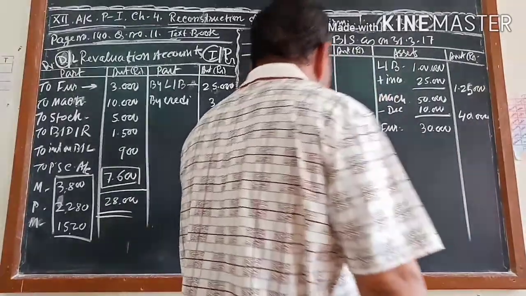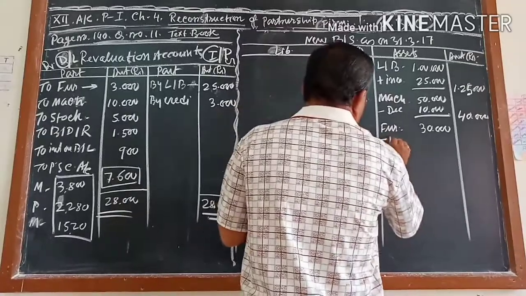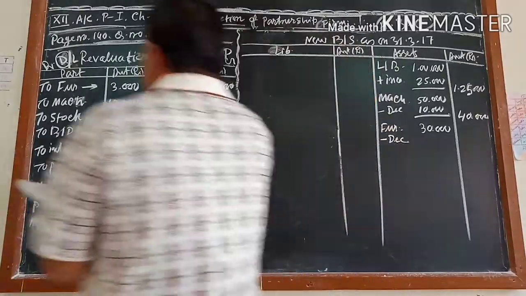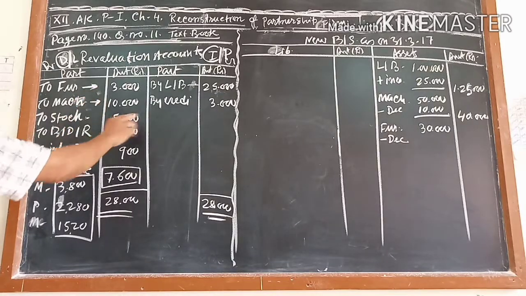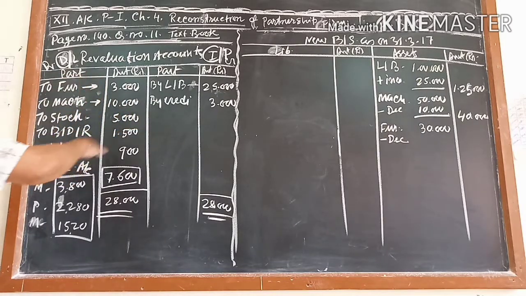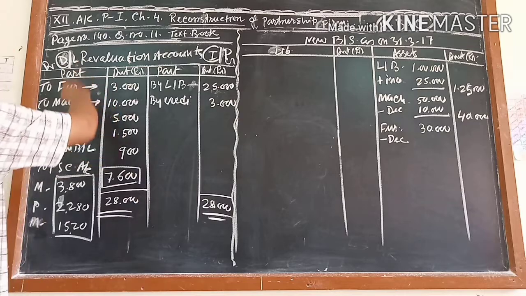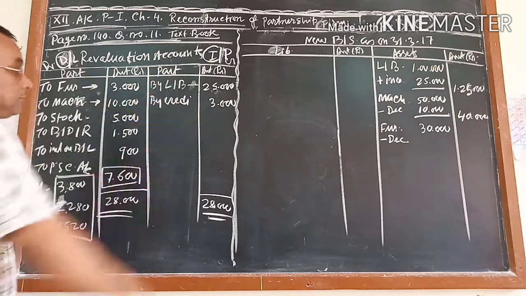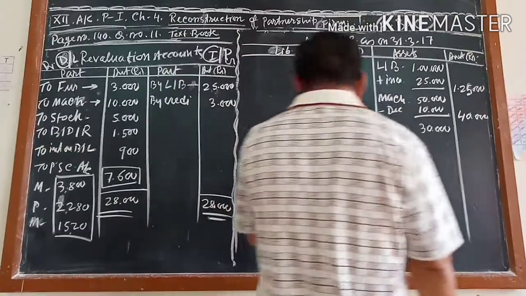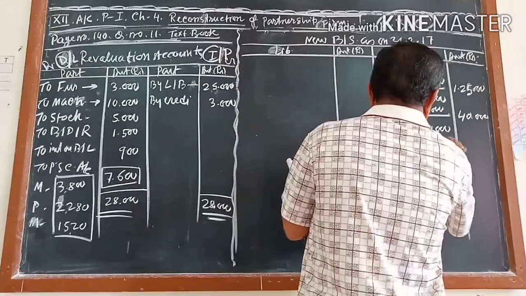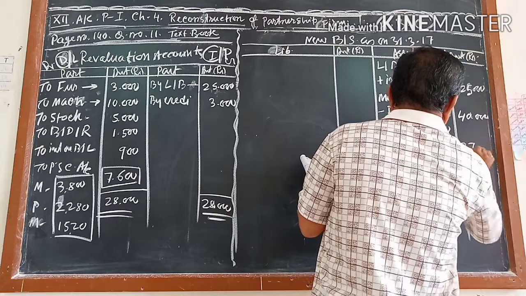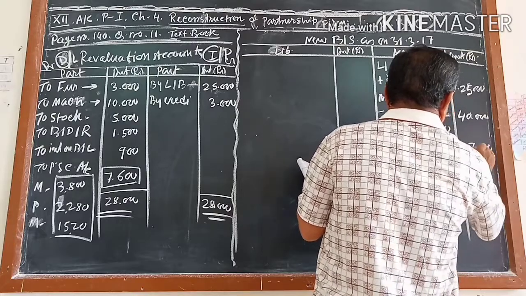And what change comes? Decrease. Furniture was reduced, it will be here. Machinery was reduced, it will be here. So this is reduction of assets, this is decreasing, this is increasing. So furniture was 30,000 and it is decreased by 3,000, and outside you are getting 27,000.